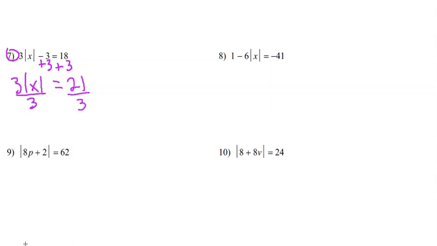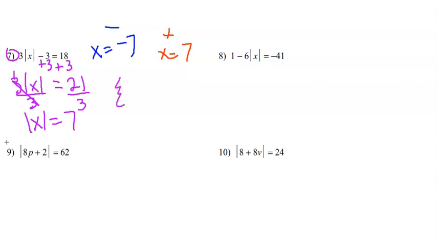Do not distribute. Absolute value of x equals 7. So this is your isolated equation. Set up your negative piece and your positive piece. We have x equals negative 7, and then x equals positive 7. There's nothing left to do from there, so your solutions are plus or minus 7.